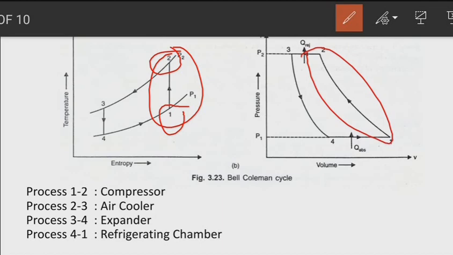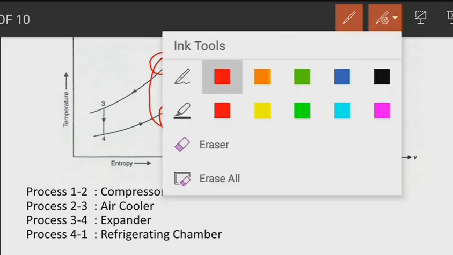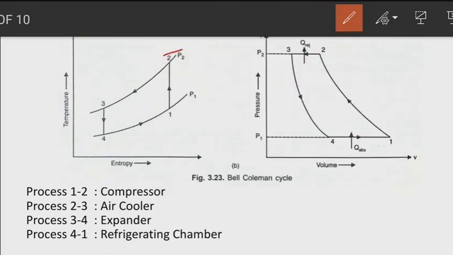Now in the case of 2 to 3, in the next stage, the hot compressed air leaves the compressor, passes through the pipe and is immersed in circulating water. So the heat is rejected to that water at constant pressure.